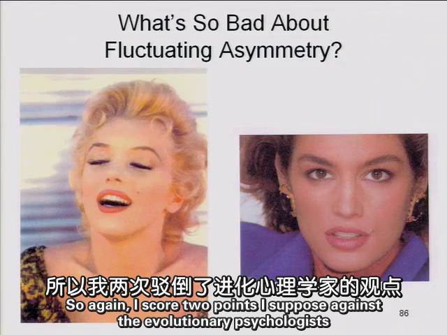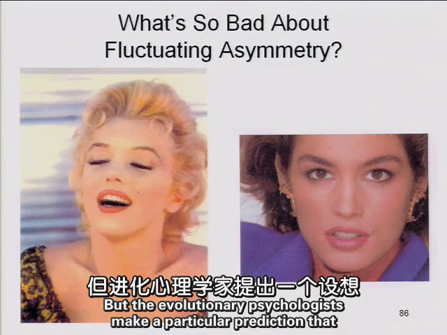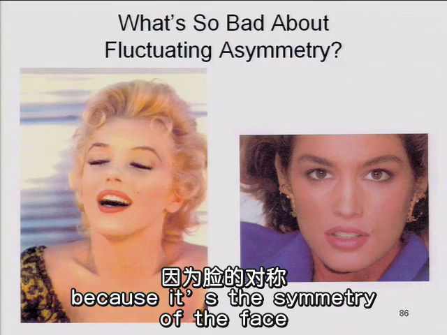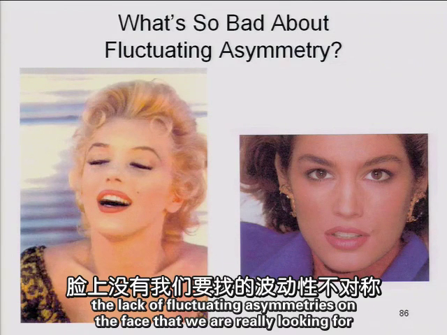So again, score 2 points, I suppose, against the evolutionary psychologists. But the evolutionary psychologists make a particular prediction, that what we find attractive in faces is not their averageness, but their symmetry. Because it's the symmetry of the face, the lack of fluctuating asymmetries on the face that we're really looking for.